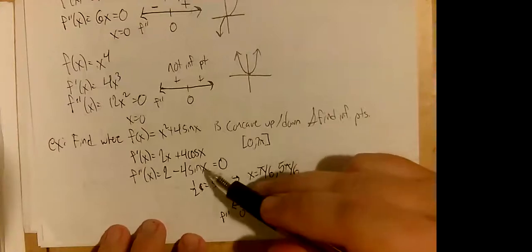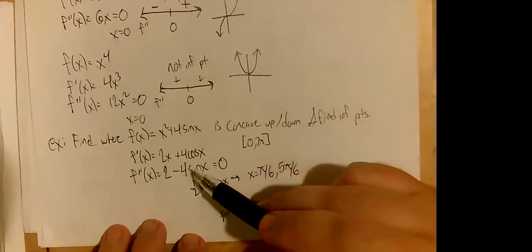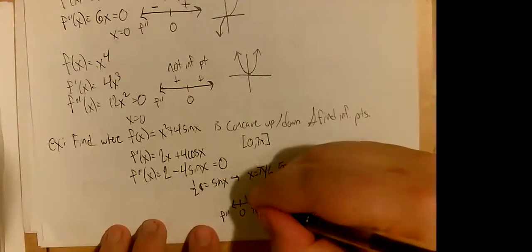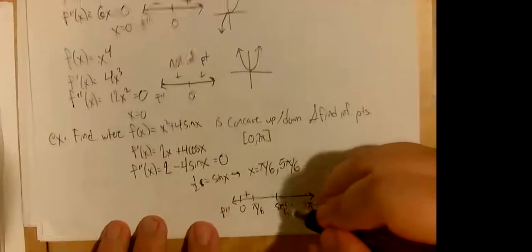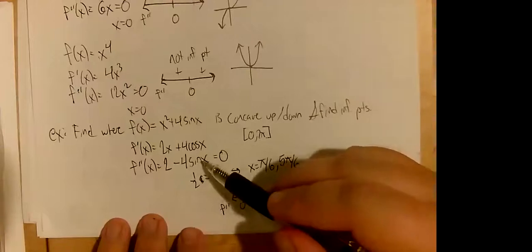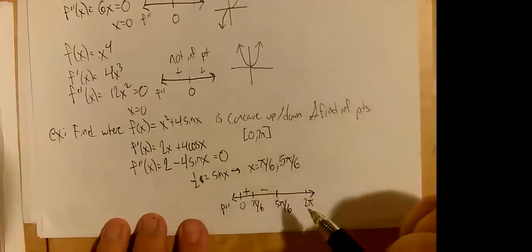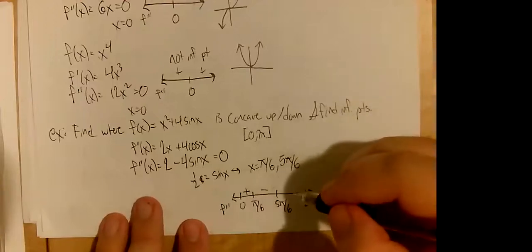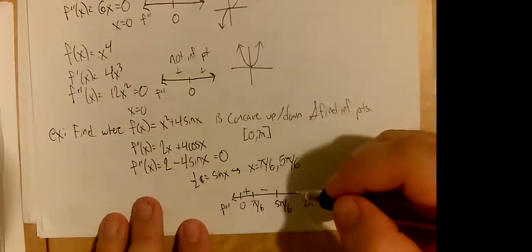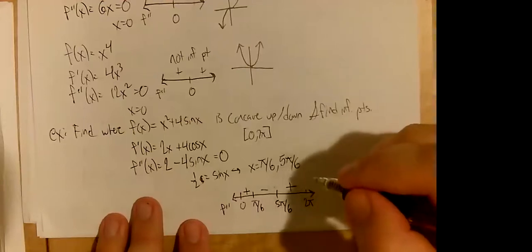So if we do that, then sine of x will be a little bit less than 1/2, meaning that this will be positive. Then we can plug in something in between here, like maybe pi over 2. Sine will be 1, so we're certainly going to be negative for that region, for f double prime. And then after 5 pi over 6, like say we plug in pi, then we're going to end up being positive thereafter.